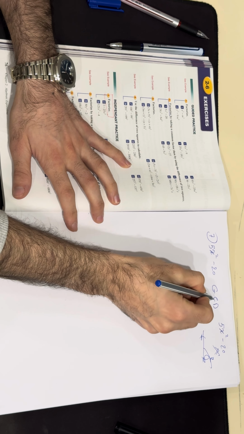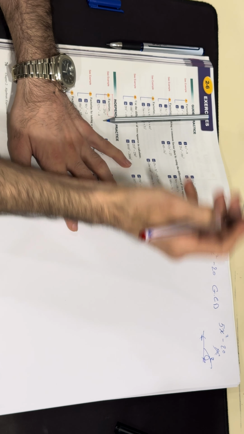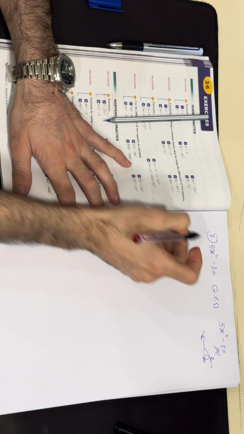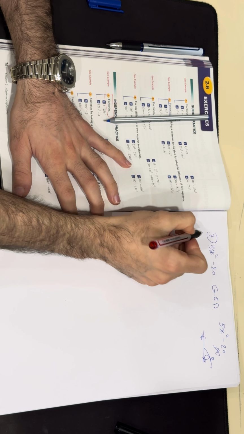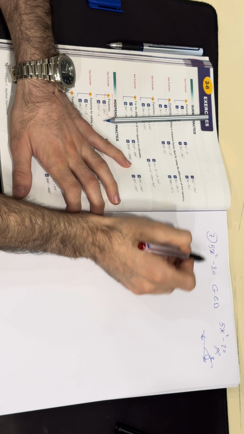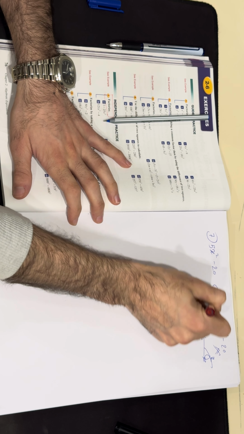But I already studied something called G.C.D, greatest common divisor. If you remember, in the last video we talked about this, when we said we have a fast way. The smallest number between these two is 5. 5 is divisible by 5, yes. 20 is divisible by 5, yes. That means the GCD is equal to 5.